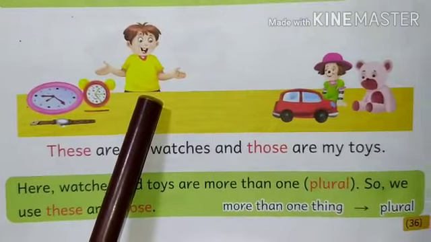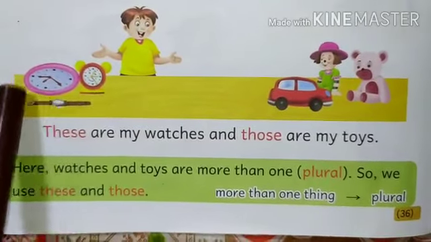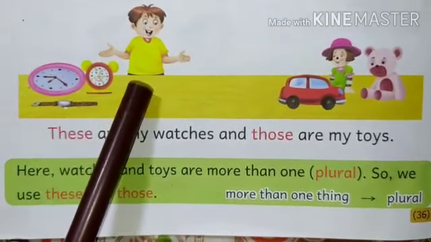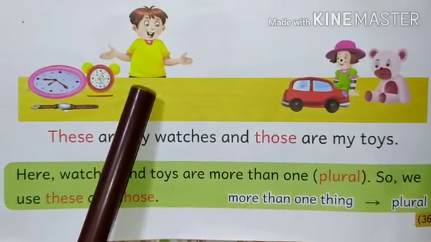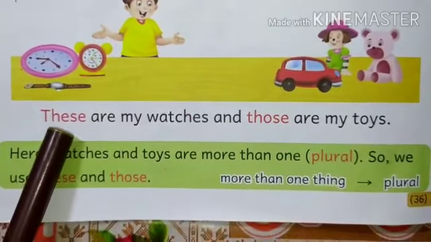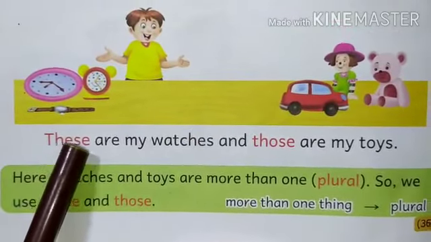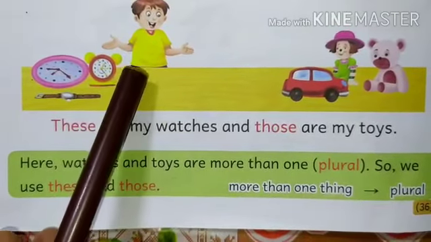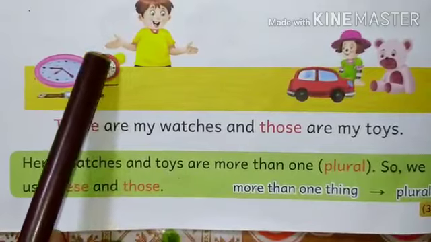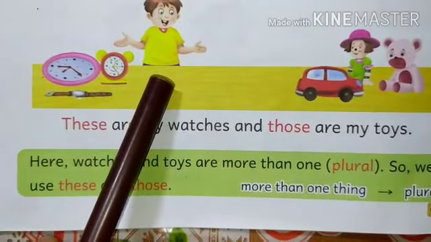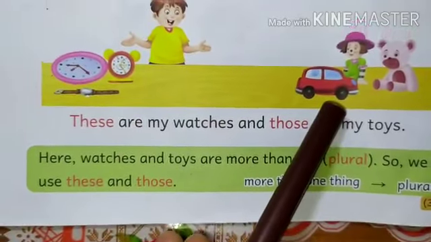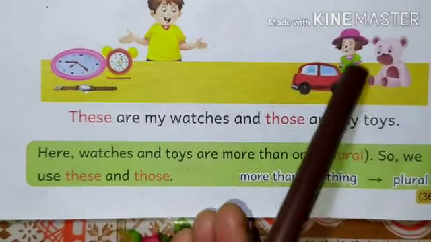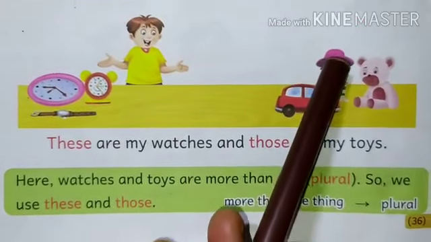You can see a boy standing here. These are the things which are near to that boy. So that time we use these. These are my watches. Means the watches are near to that boy. Now you can see toys are there. How many toys are there? 1, 2, 3.